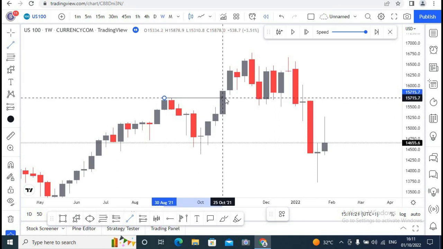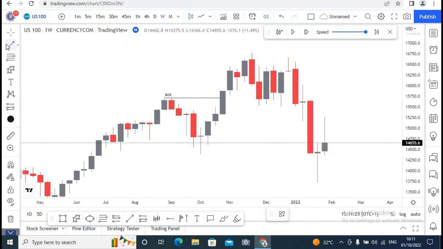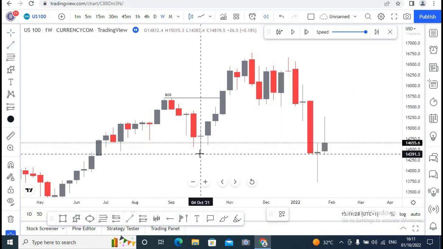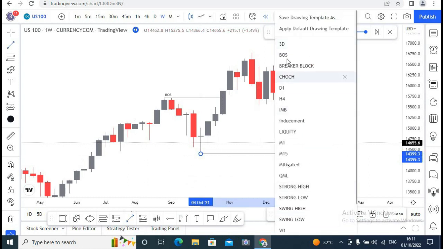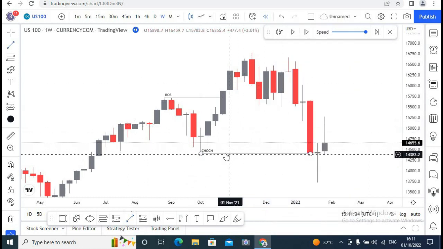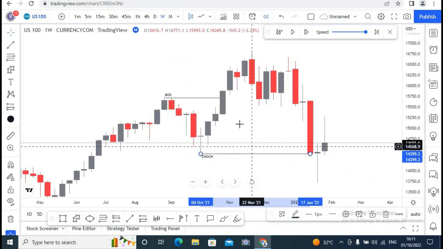As you can see, this is a break of structure, and then the price came back, taking out the last higher low, giving us a change of character, something like this.